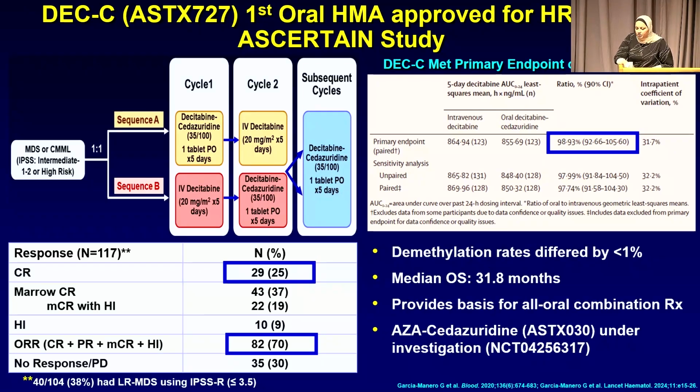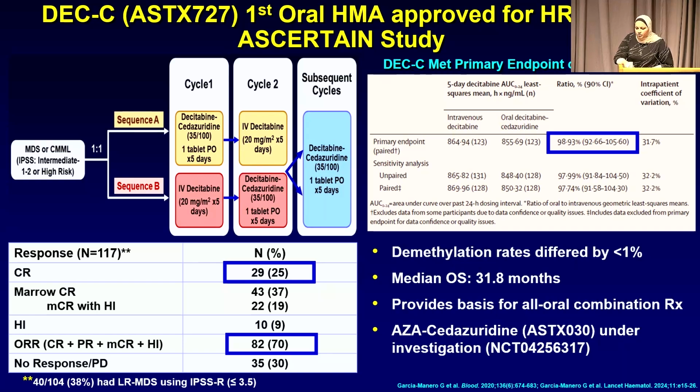Oral decitabine cedazuridine has been recently approved for higher risk MDS based on the initial phase 2 and subsequent phase 3 ASCERTAIN study, which showed pharmacokinetic and pharmacodynamic bioequivalence to IV decitabine. In this compound, cedazuridine inhibits cytidine deaminase, preventing the degradation of oral decitabine.